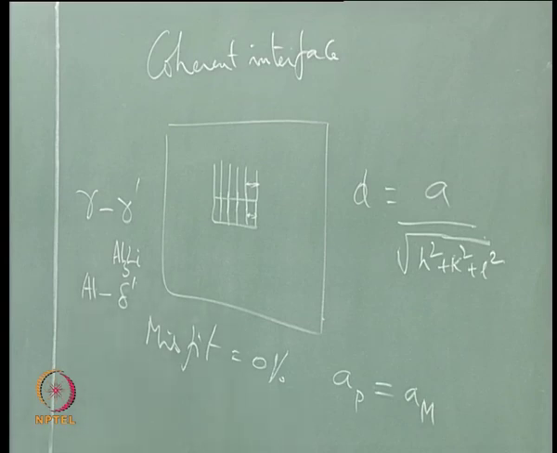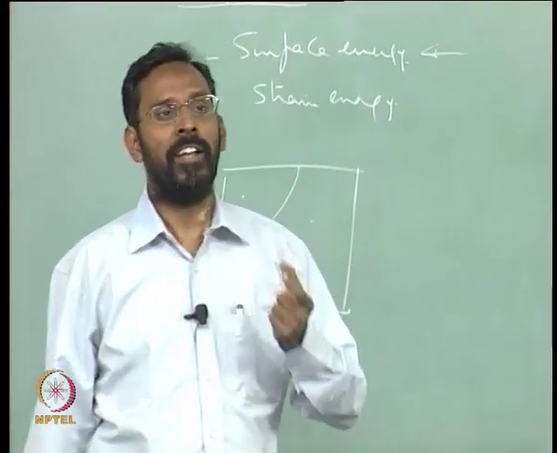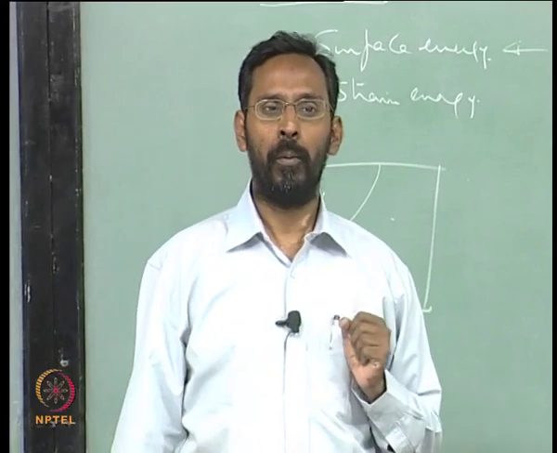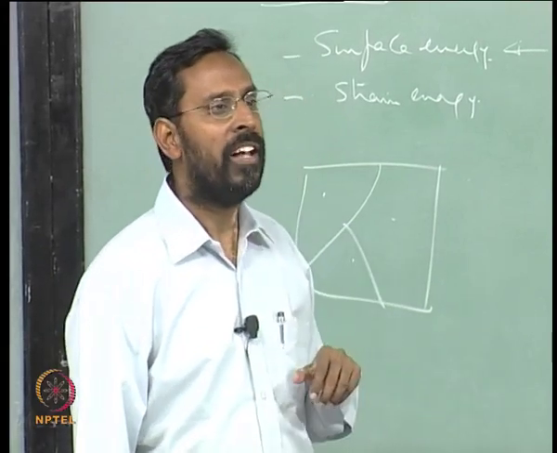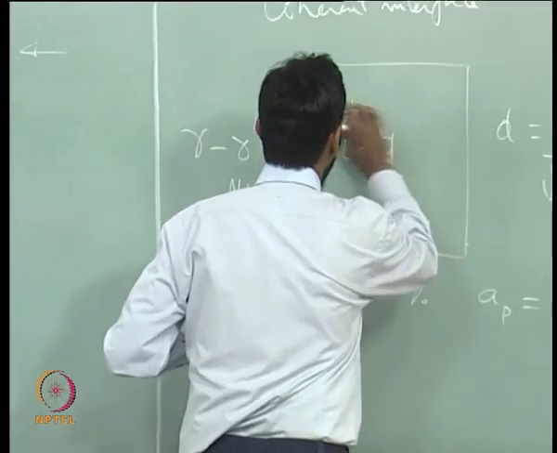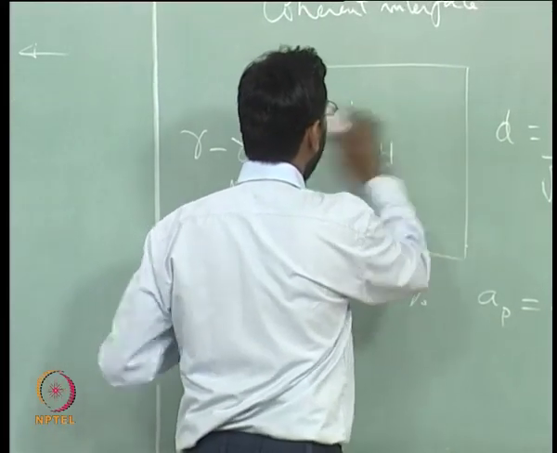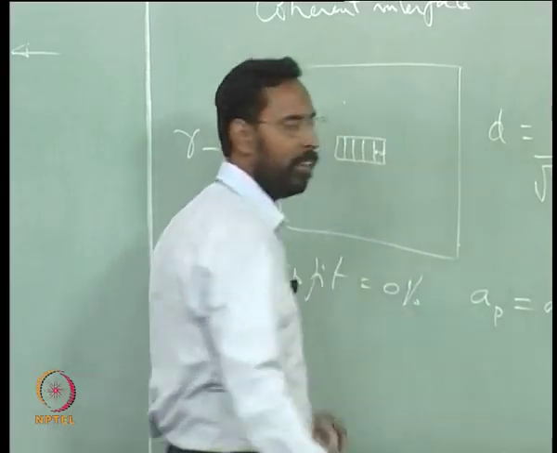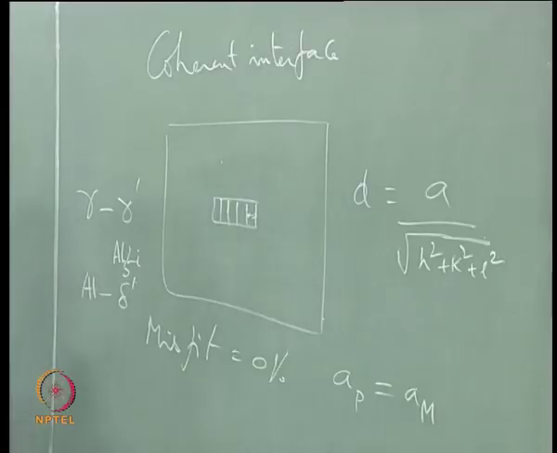In case the lattice parameter of the matrix is different from that of the precipitate, what should happen? For example, let us assume that the precipitate is like this. This is the d spacing for a particular plane.